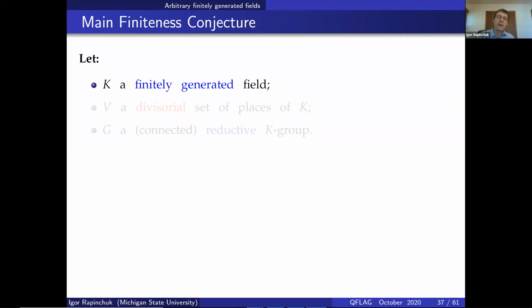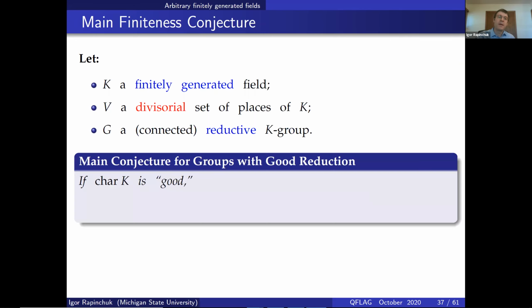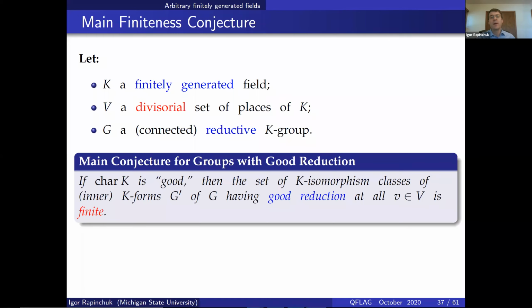We take K to be a finitely generated field, V a divisorial set of places, and G a reductive group over K. Then, under the assumption that the characteristic of our field is good, in a sense that I'll specify in just a second, we expect that the set of K-isomorphism classes of K-forms G' of our group which have good reduction at all v in V is finite.